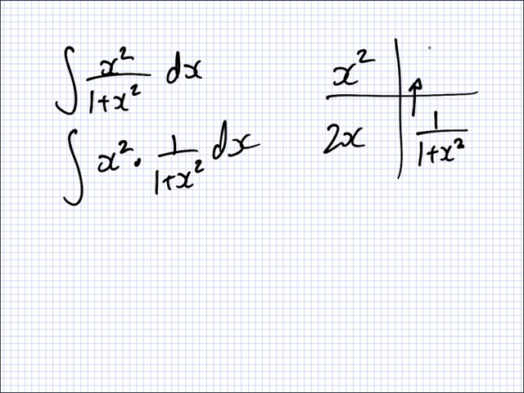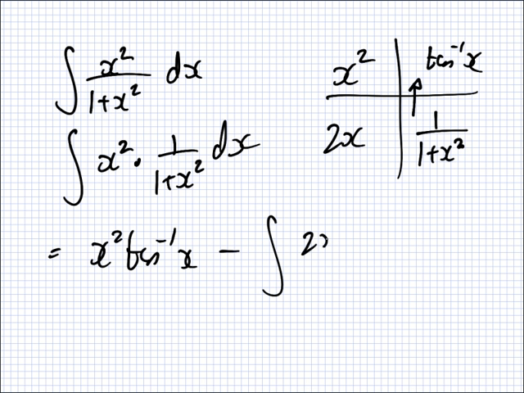That's a special one. That's tan inverse x. So this becomes fg minus integrate f derivative over, sorry, what is it? F derivative g, isn't it? 2x tan inverse x dx, like that.